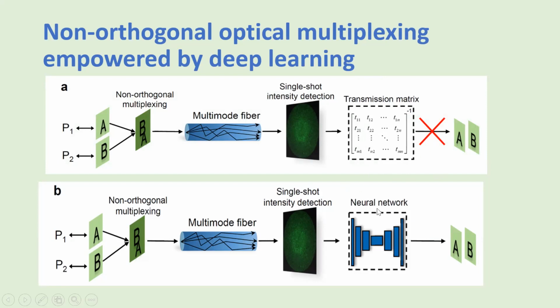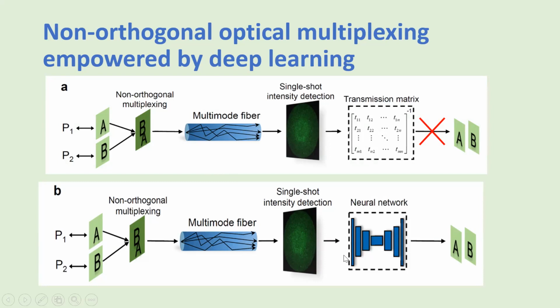But with the incorporation of a neural network after this spot, we see that the signal is pushed to the destination. So you see how the neural network is incorporated in the effective multiplexing of the non-orthogonal signal.